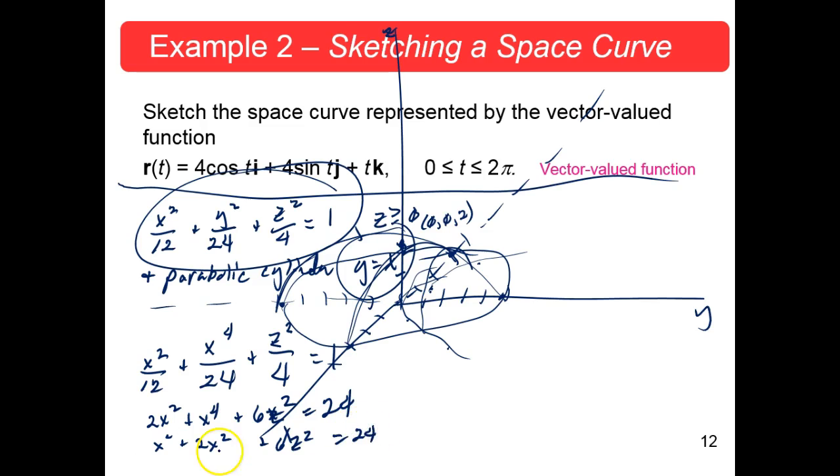Complete the square here, and that would be plus 1, because half of 2 is 1. But we just added 1 here, so make that 25. So this will be x squared plus 1 squared plus 6z squared is equal to 25.